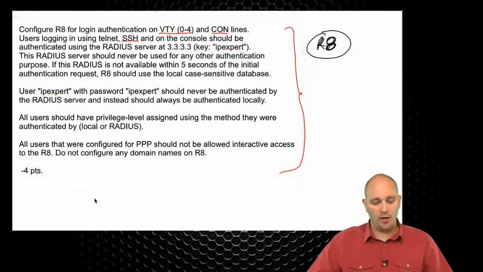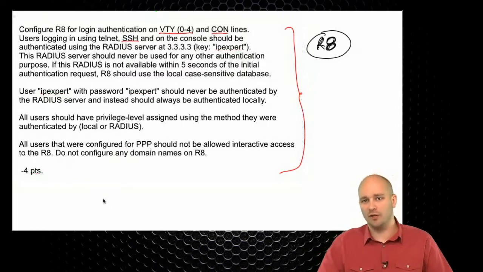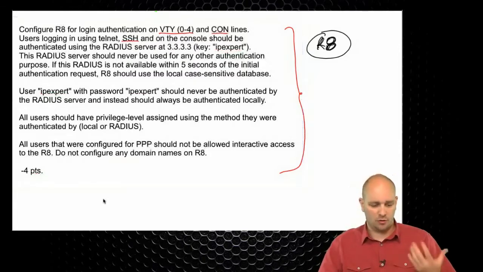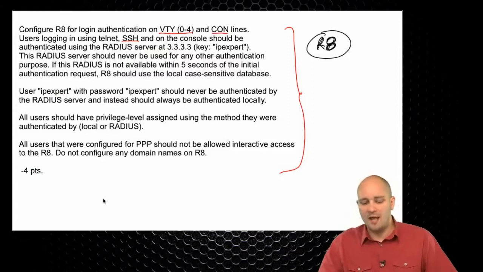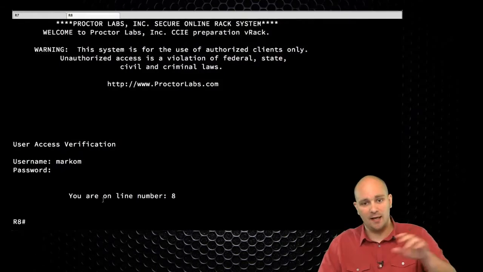So we know that the usual way of configuring SSH is to create a host name, define the IP domain name, but here we are told do not configure any domain names. So how can we enable SSH without actually configuring a domain name? That's going to be an interesting twist.